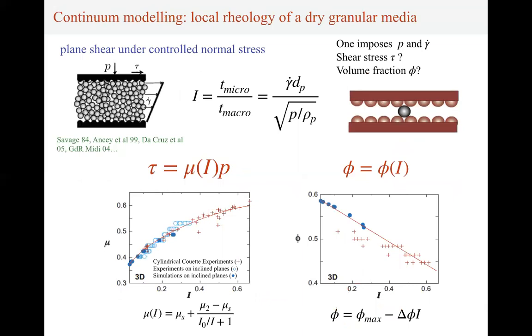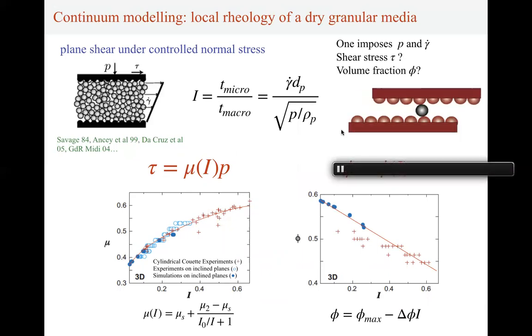We decided to use the local rheology of a dry granular medium. For this continuum modeling, I think we have already spoken several times about the mu(I) rheology. It's a local rheology: we just say that the shear stress is proportional to the normal stress. So it's a frictional rheology, but the friction coefficient depends on this famous inertial number I. I have a movie, I think, to explain this I number, but Laurent did it really well just before.